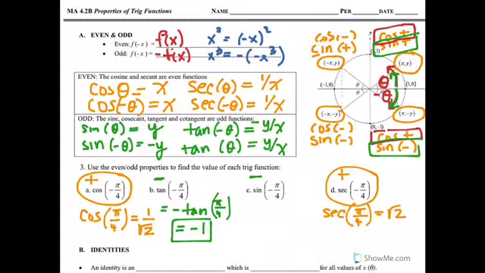Sine of negative pi over 4 is the same as minus the sine of pi over 4. Again, if you know the sine of pi over 4, or 45 degrees, is 1 over root 2, then this will be equal to minus 1 over root 2.